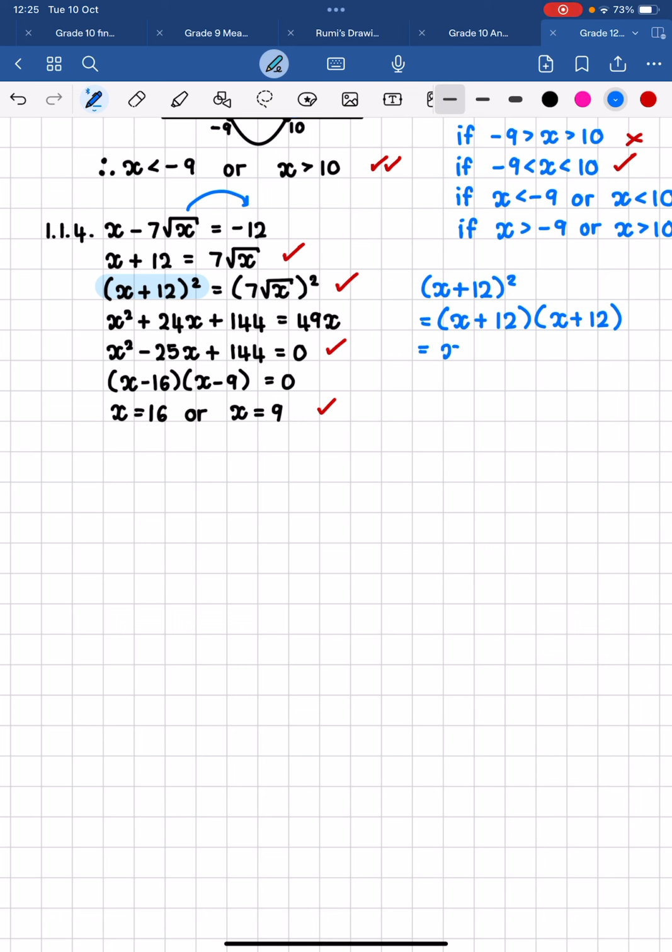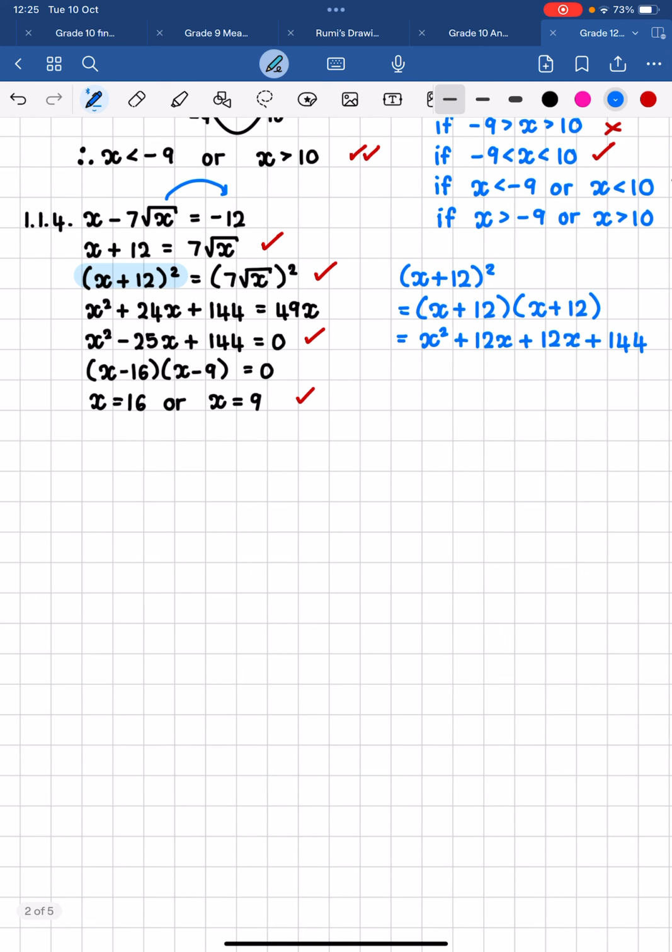You have to say x times x is x squared. Outer x times 12 is 12x. Inner is also 12x. And then last, 12 times 12, that is 144. So that is where I got this from, x squared plus 24x plus 144.